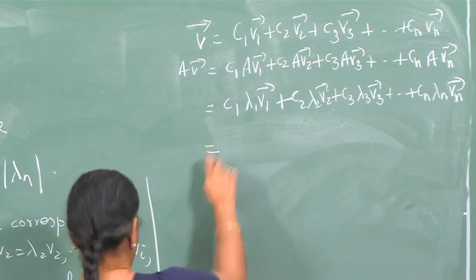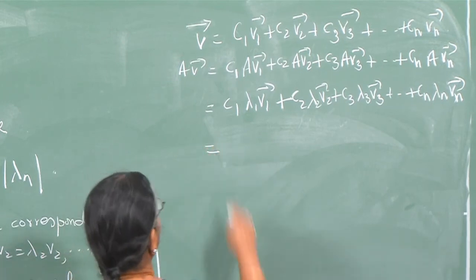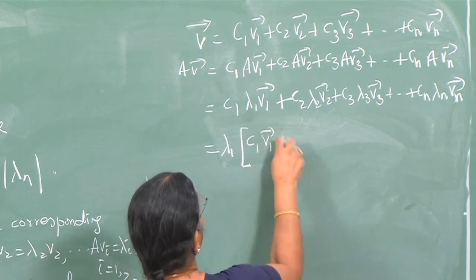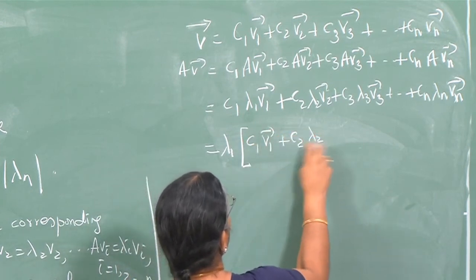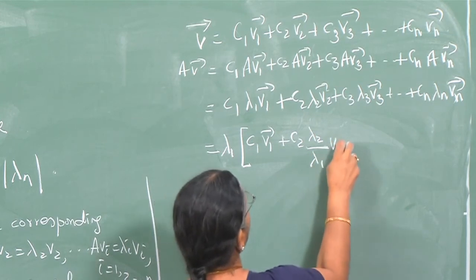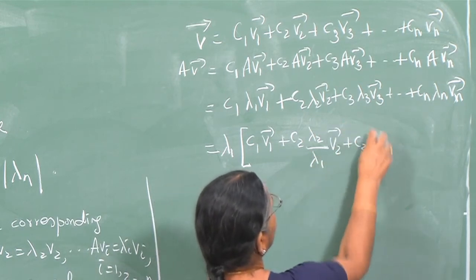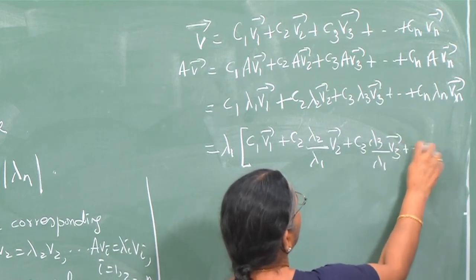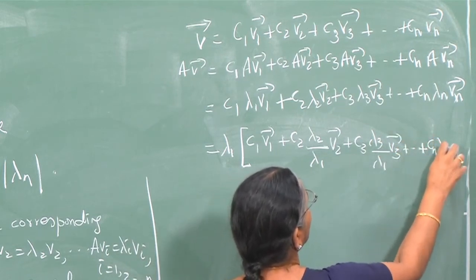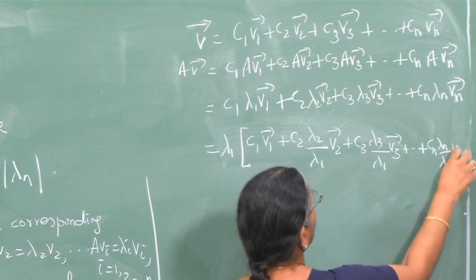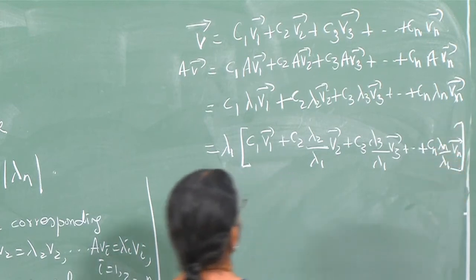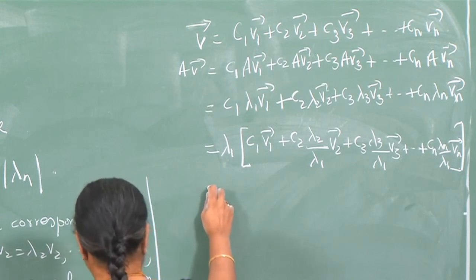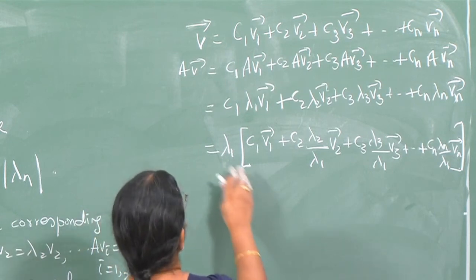And therefore, this will be equal to lambda 1 times C1 into V1 plus C2 into lambda 2 by lambda 1 into V2, C3 into lambda 3 by lambda 1 into V3 and so on plus Cn into lambda n by lambda 1 into Vn. And so, this will give me AV.